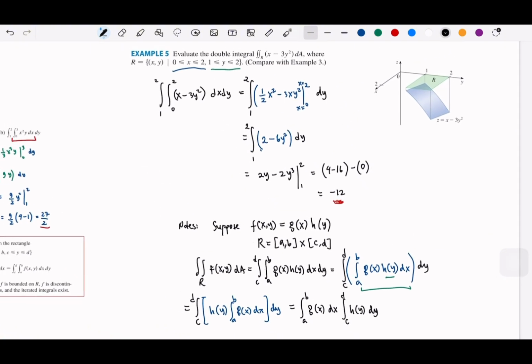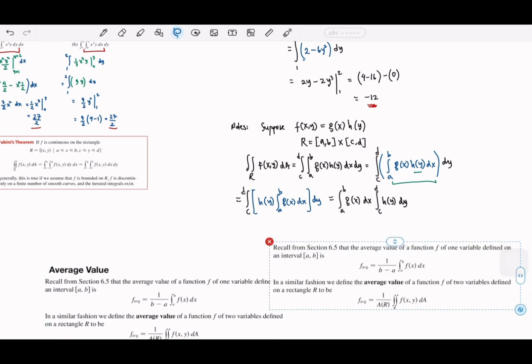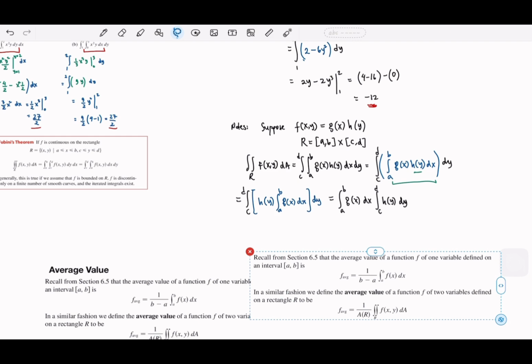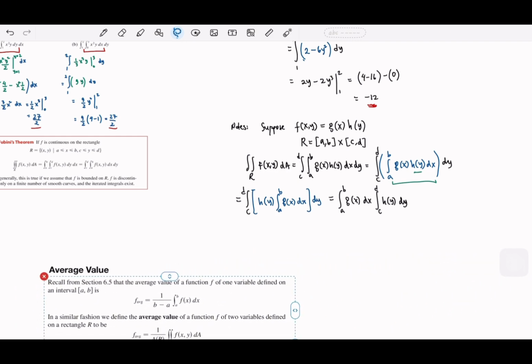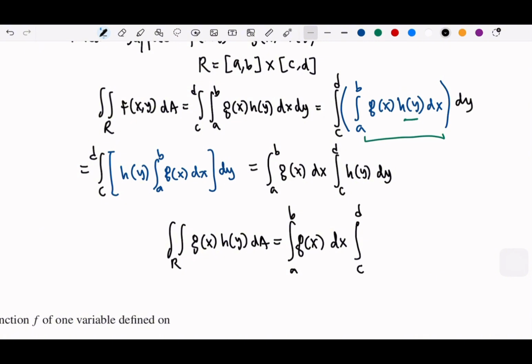So the double integral of g(x) h(y) dA we can write separately with each function. We need to make sure that this g of x and h of y are truly single variable.